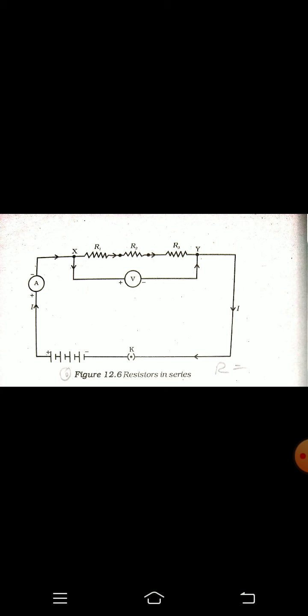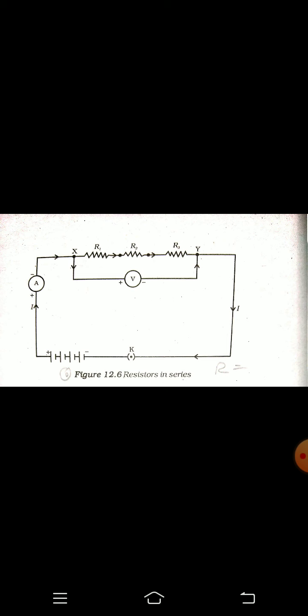So this way, in each case, we have to note the readings. And then we have to observe. What do you think it will be? At last, we will observe through this activity that the value of the current in the ammeter is the same, independent of its position in the electric circuit. What does this mean?